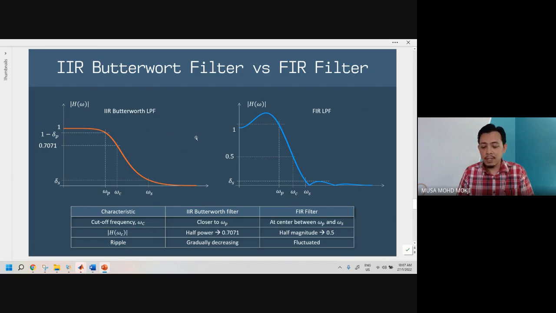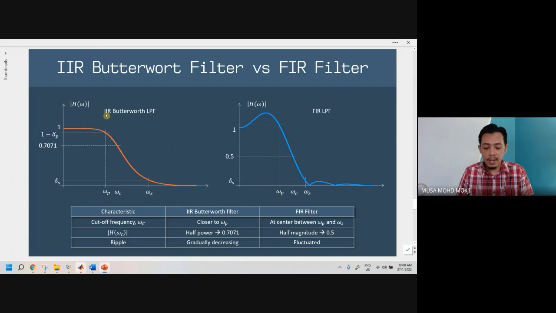So we are finding the cutoff frequency, the transition bandwidth, the ripple, those kinds of things. We can see that the cutoff frequency for FIR is exactly at the center between omega p and omega s, placed at a half magnitude of the spectrum.